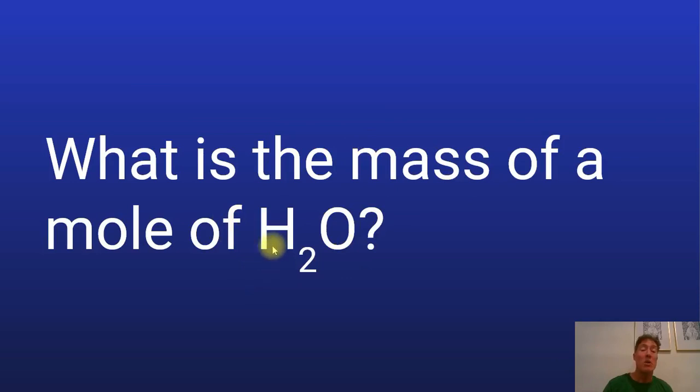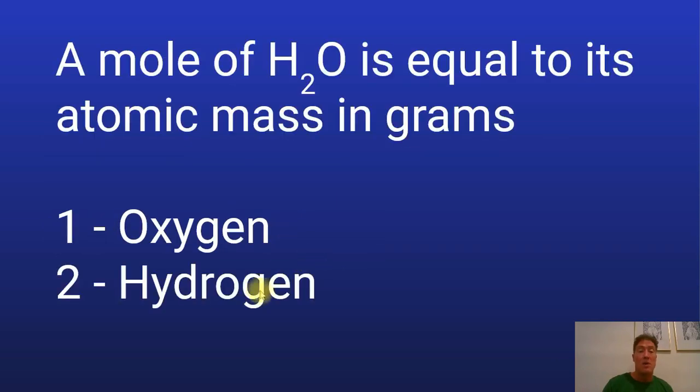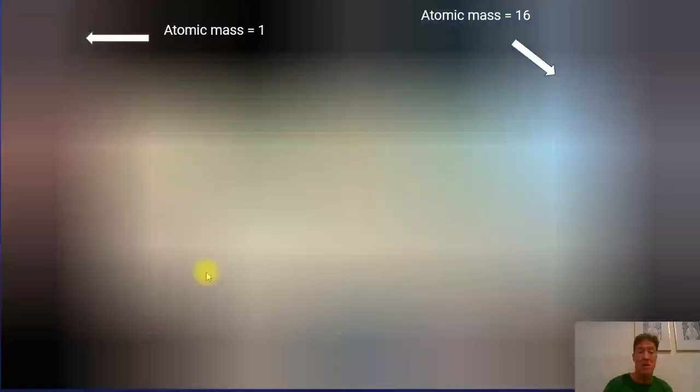Well, it's going to be equal to the mass of 2 H moles, plus the mass of 1 oxygen mole. So we know that a mole of oxygen weighs 16 grams, that's equal to its atomic mass in grams, and a hydrogen mole weighs 1 gram each, so 2 of them is 2 grams.